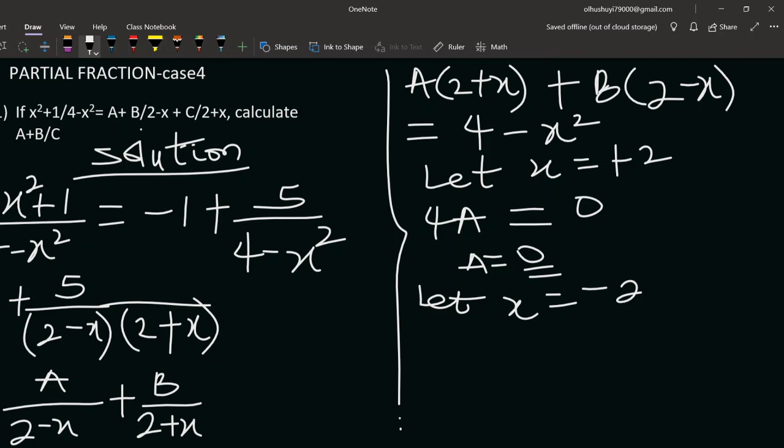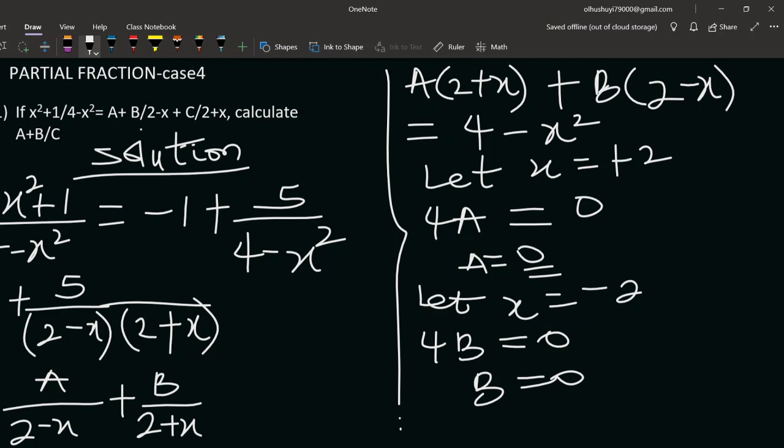So we have 4B to be equal to 4 minus open bracket minus 2 all squared, which is still 4 minus 4. That is still 0. So B gives you 0.